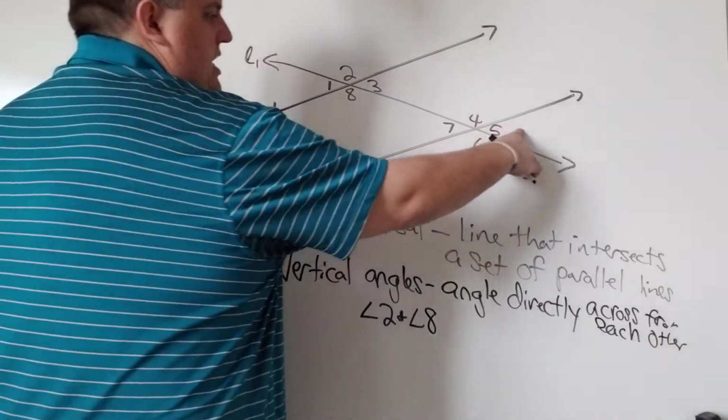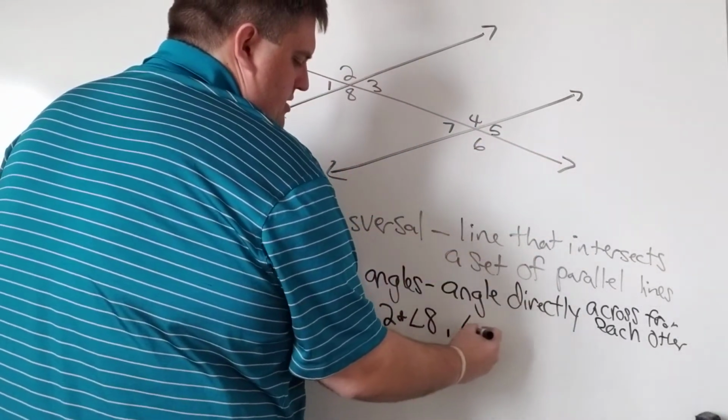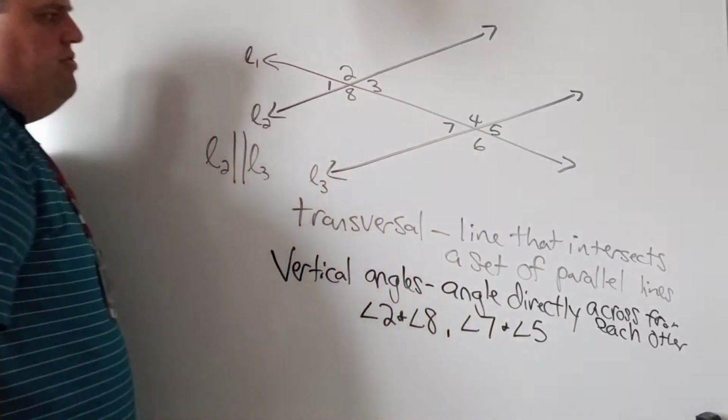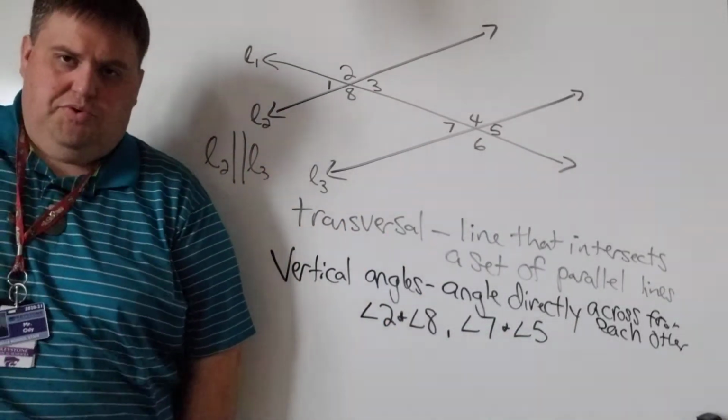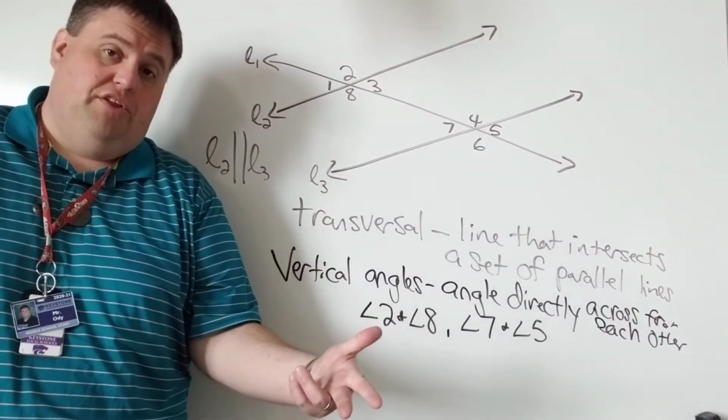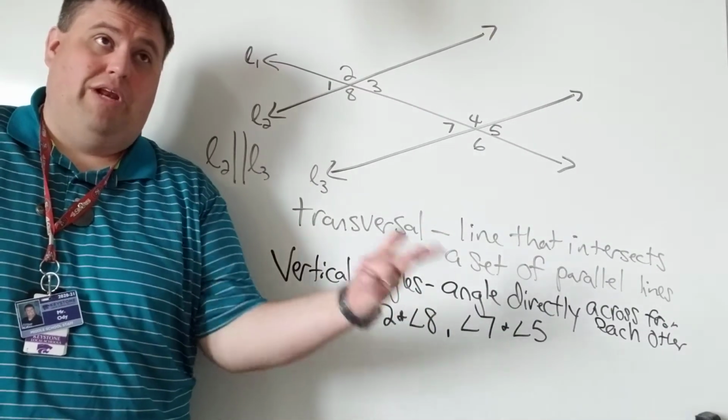Or angle 7 and angle 5. And those angles, if they're vertical to each other, are congruent. That's what's going to be important here. Pretty much all the ones that we're going to talk about today are going to be congruent angles.